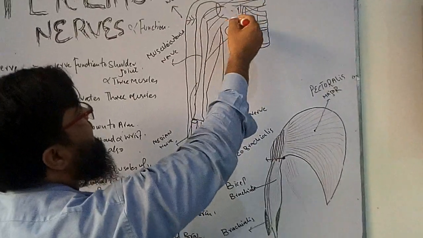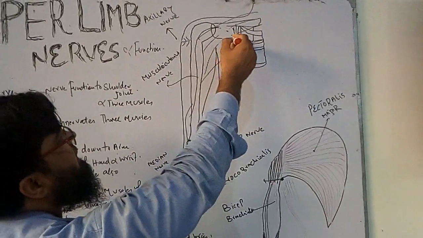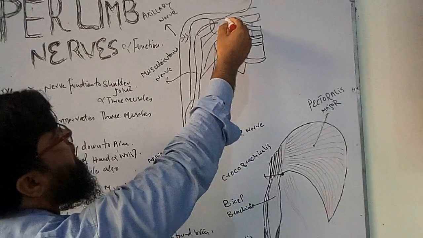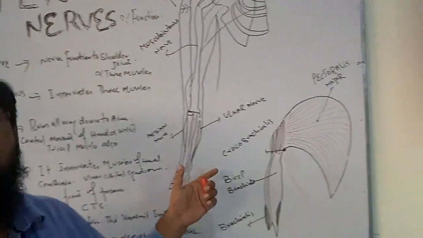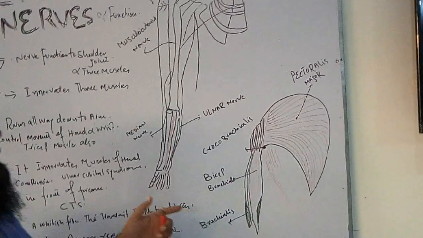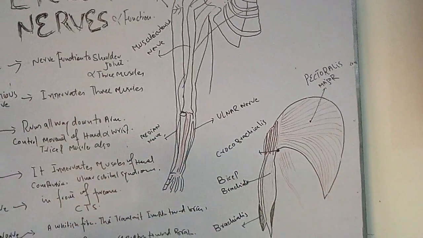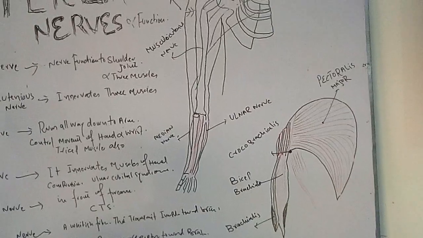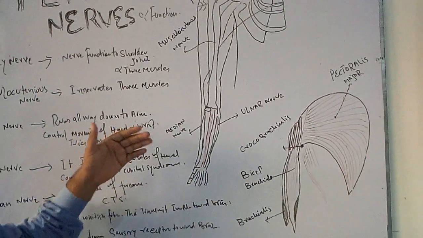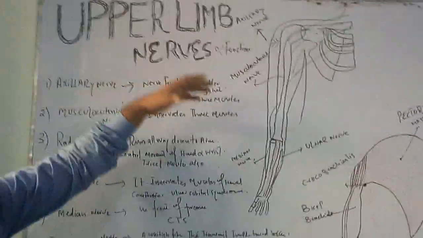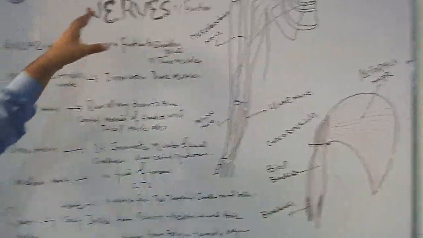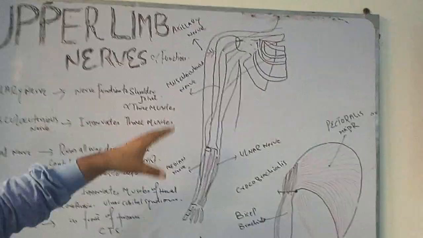When this compresses these nerves, this can freeze your shoulder, and then we say that this is a frozen shoulder. Then we can do different types of physical therapy exercises to help the patient relieve this pain. So this is all about upper limb nerves and their function.